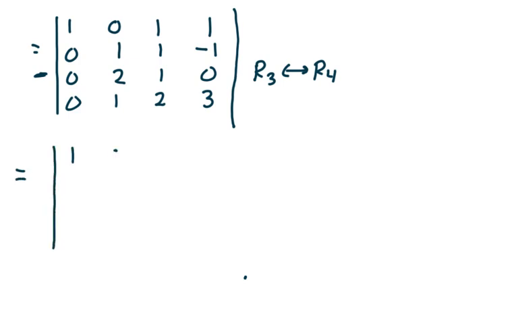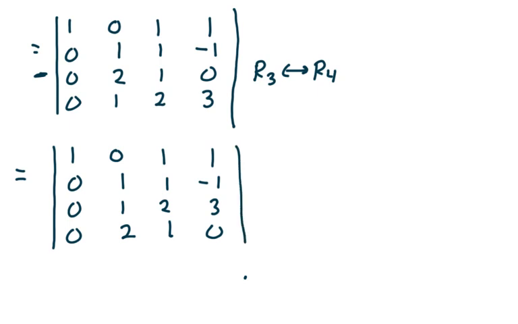So I get the determinant of 1, 0, 1, 1, 0, 1, 1, negative 1, 0, 1, 2, 3, and then 0, 2, 1, 0. Okay. Now, I'm going to take negative 2 row 2, add it to row 4, put the result back into row 4.